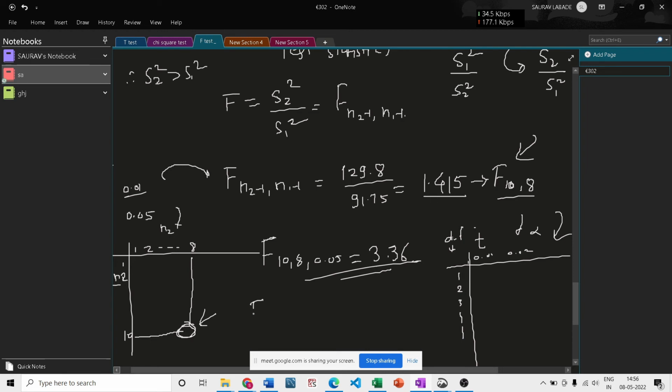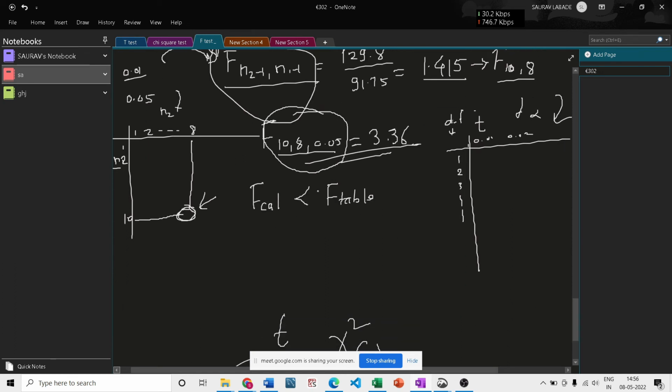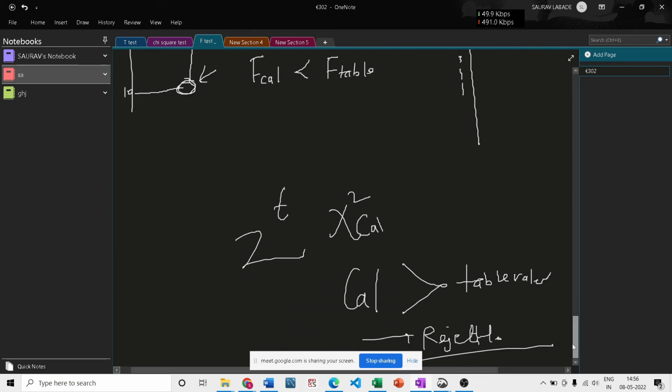Here F calculated is less than F table. The value you get for the test statistic is called the calculated value. The value you find from the table is called the table value. Now this condition is not satisfied, since the calculated value is not greater than the table value, so we are accepting H naught.